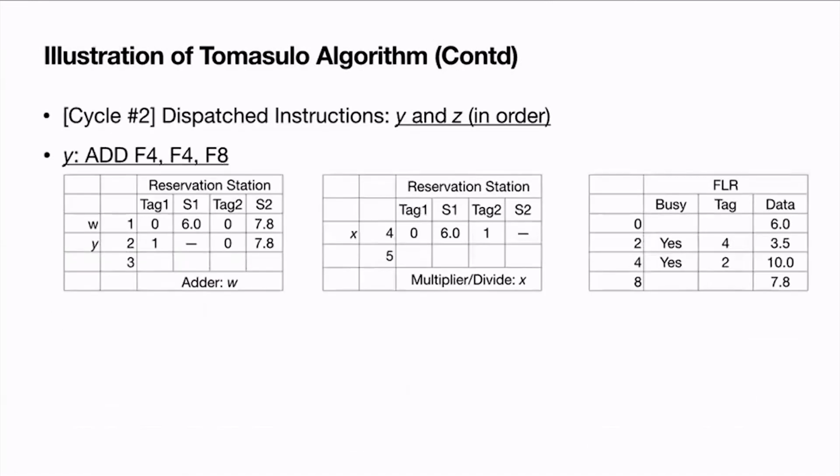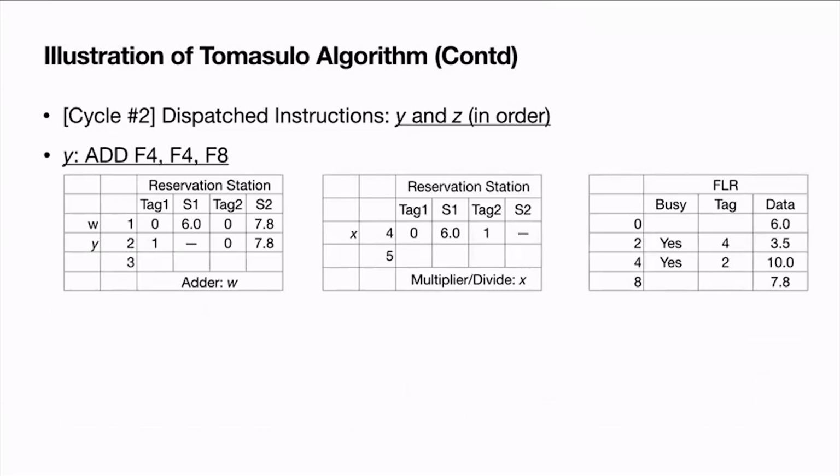That means if you see the second entry in the reservation station, tag 1 points to 1, indicating that the instruction sitting in reservation station entry 1 is going to produce the value. And that is what we mentioned here. And the second operand is F8, which is there directly in the FLR. We take that 7.8.